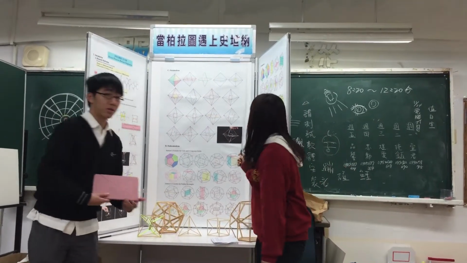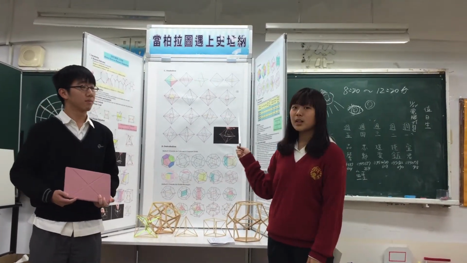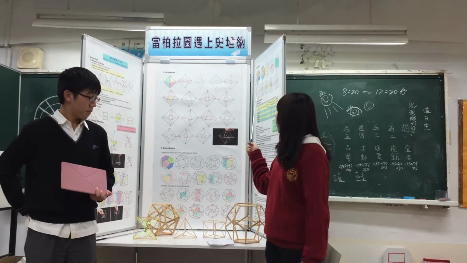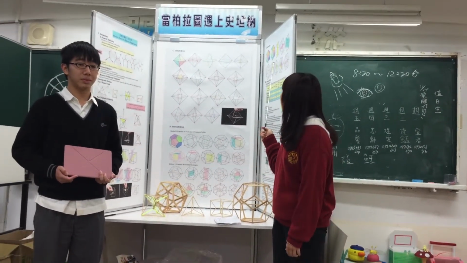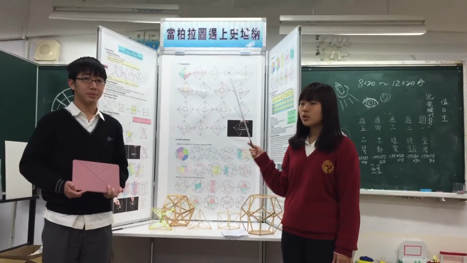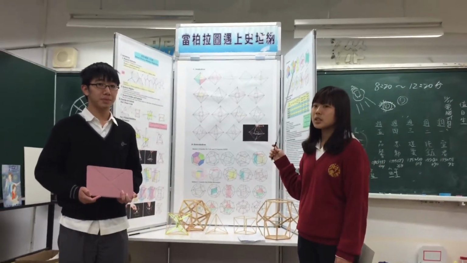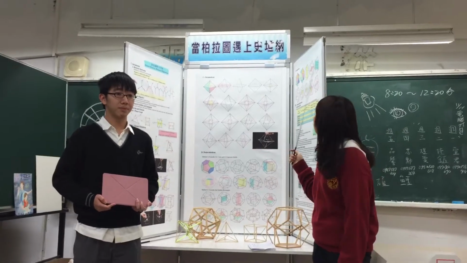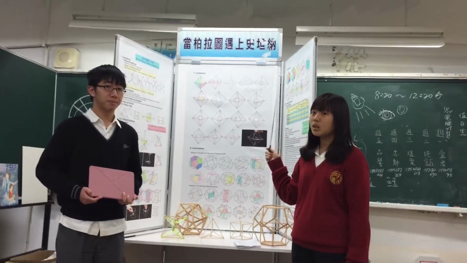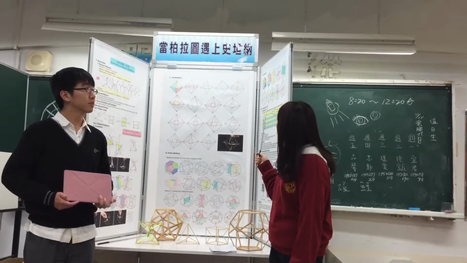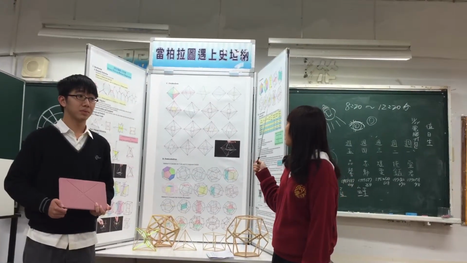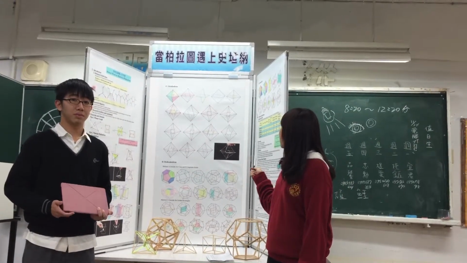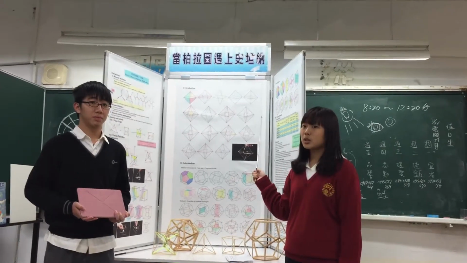Next, we'll introduce the standard tree of the hexahedron. There are 20 faces, 12 vertices, and 30 edges in this hexahedron. The 12 vertices are exactly the vertices of 3 golden rectangles. Each rectangle has 2 standard points. So we have 6 standard points, which are the vertices of an octahedron.